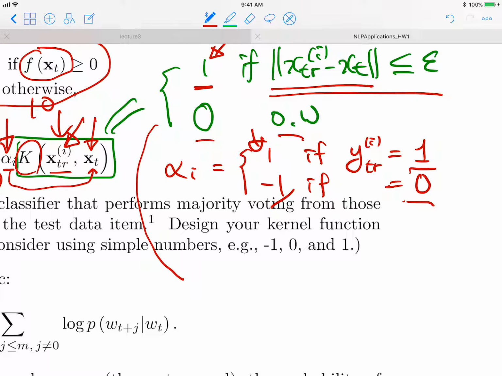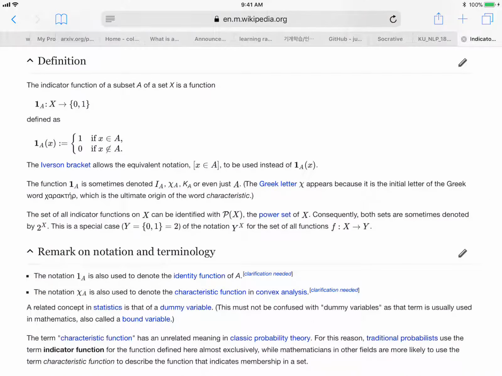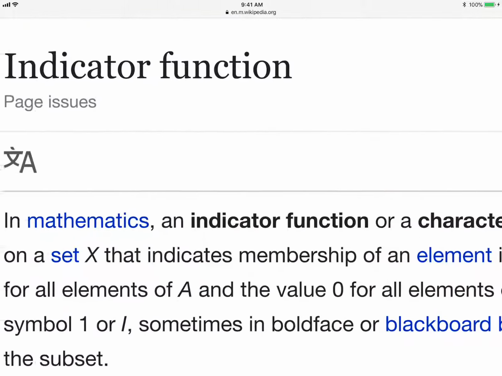First, this k, our kernel function or similarity function, is represented in this form, but it has two different expressions depending on this if statement. For this, we can use something called an indicator function.